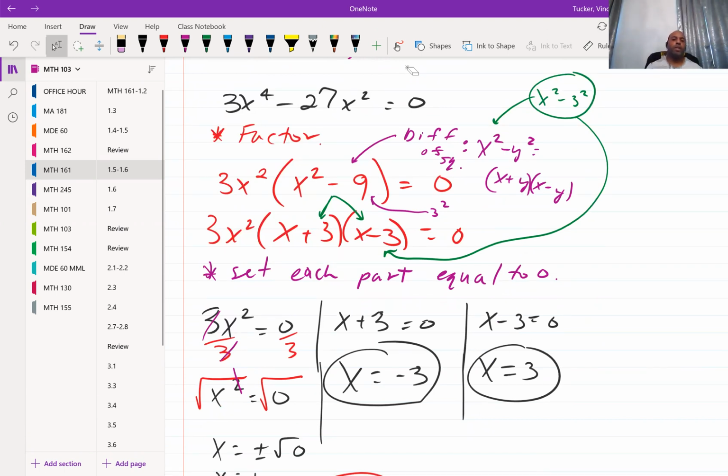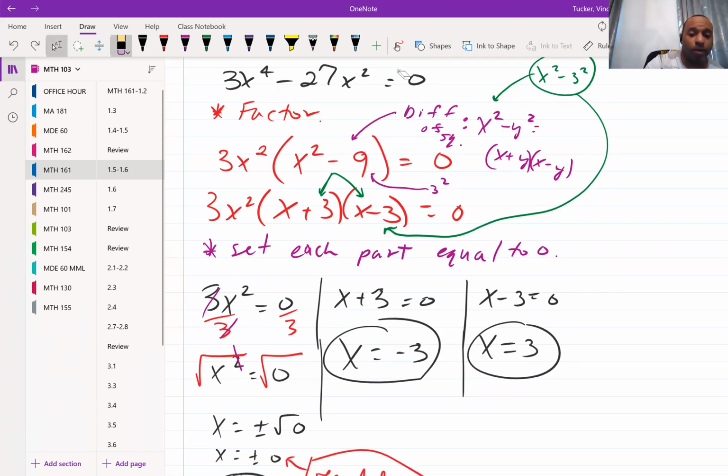So setting 3x squared equal to 0, you would divide both sides by 3, and then you will have x squared equal to 0. Now to get the square off of x, take the square root of both sides.